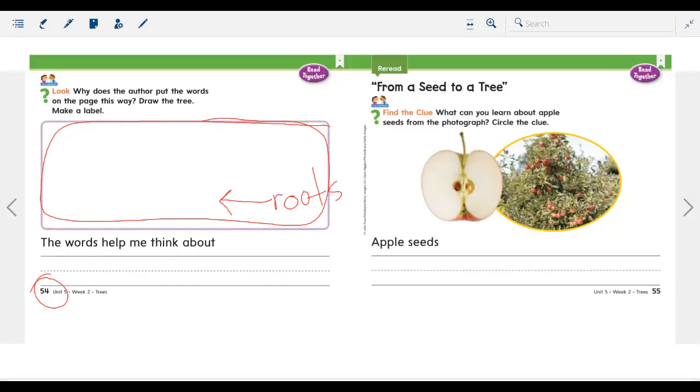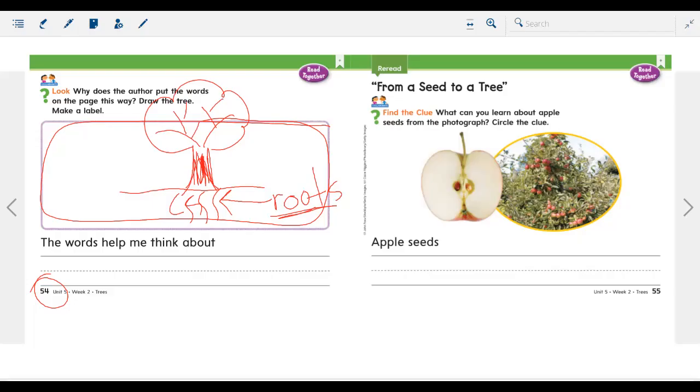So you're going to draw, these are roots, right? So this would be underground, and this would be the trunk, and you're going to draw your tree however you want. But I want you to label it. So the roots are under the ground, and then this right here is the trunk, and then you can draw tree branches, and you're just going to label your tree.